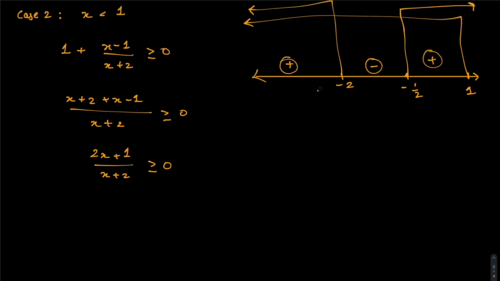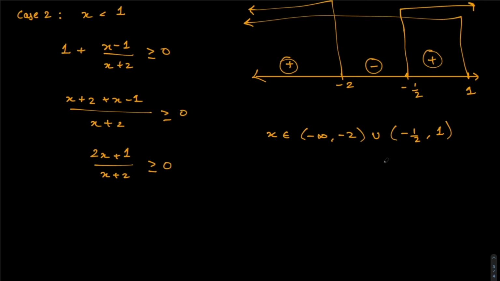So I can rewrite it in proper terms. So I'm going to have x belongs to -infinity to -2, union -1/2 to 1, like this.